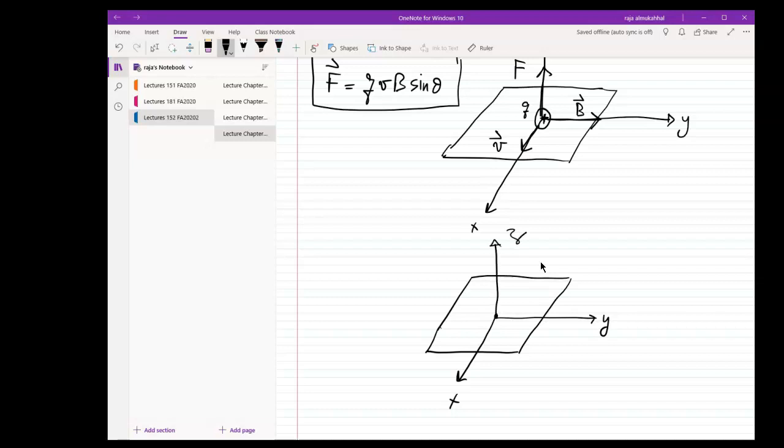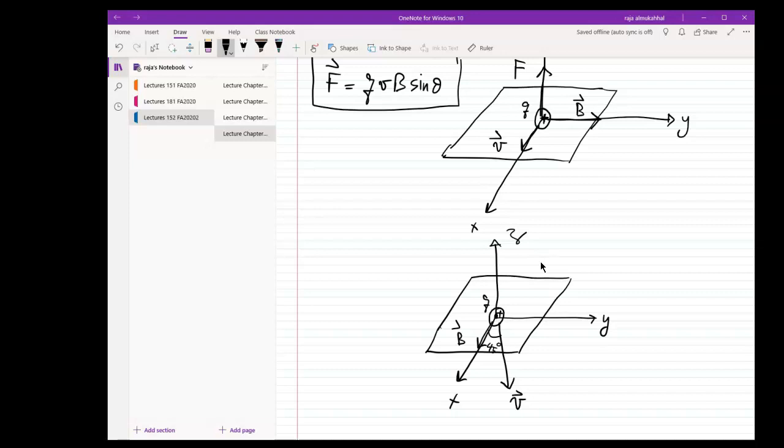Here's z. And again, let's assume this is the positive charge right here, q. Assume that the particle is moving in this direction, say at 45 degrees or something like that between x and y. And let's assume that the magnetic field is in this direction. You see that? In other words, there is an angle between them right here. Let's make it 45, for example.